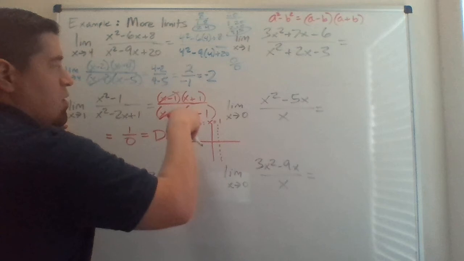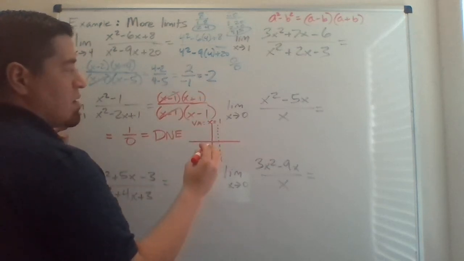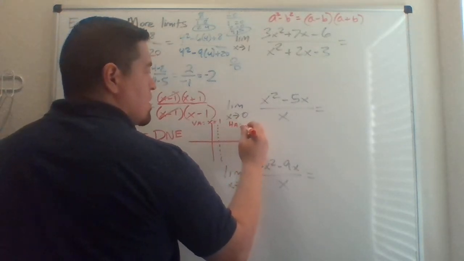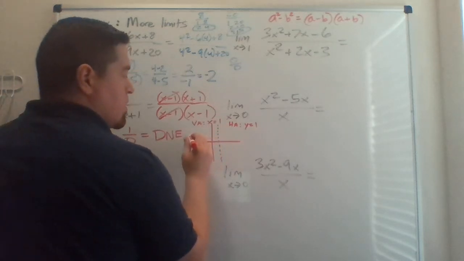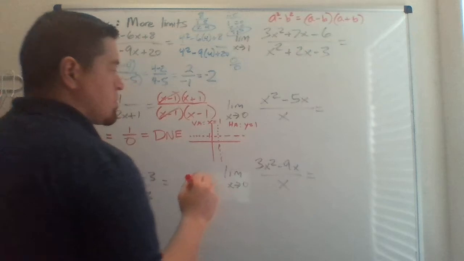So if I divide the coefficients of terms that have the same power, I end up with my horizontal asymptote. So in other words, 1 divided by 1 is 1, so my horizontal asymptote is going to go through 1.